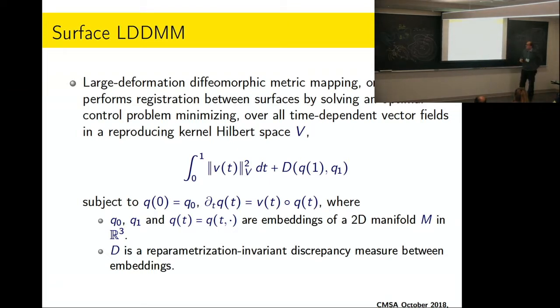This transport is controlled by a velocity field called V, and this velocity field itself is optimized with some regularization. So that's in a nutshell the definition of LDDMM.